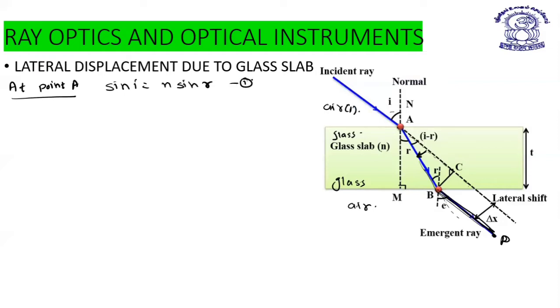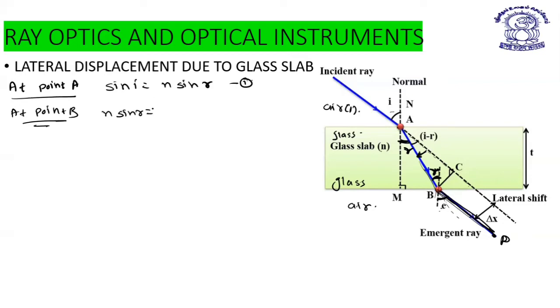This is equation 1. Now at point B, again we will apply Snell's law. These are vertically opposite angles. If this is angle of refraction r, then this angle will also be r. So we can write n sine r is equal to sine of the angle made by the finally refracted ray with the normal, which is called the angle of emergence E, and that ray is called the emergent ray.